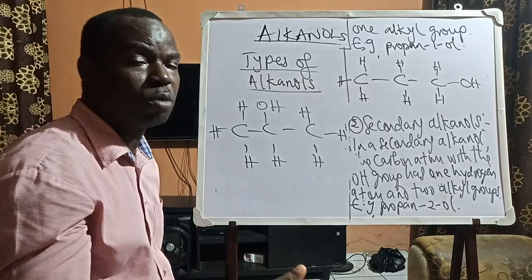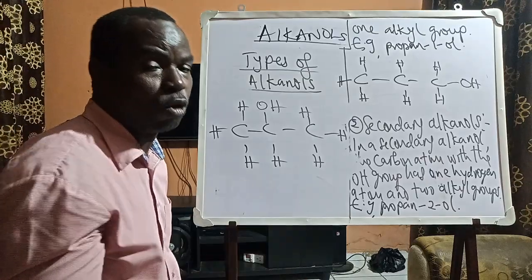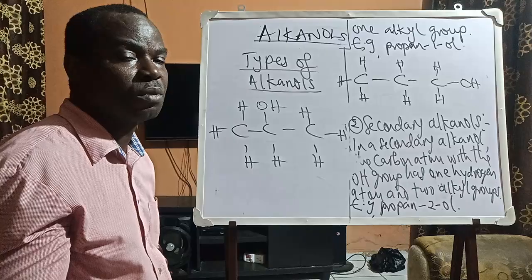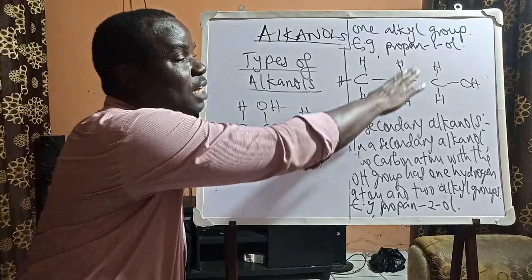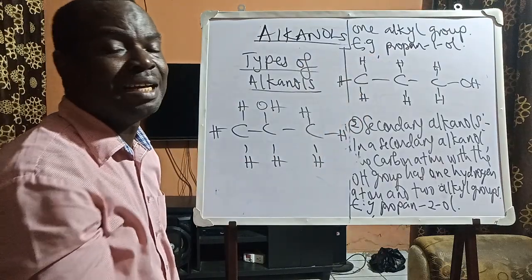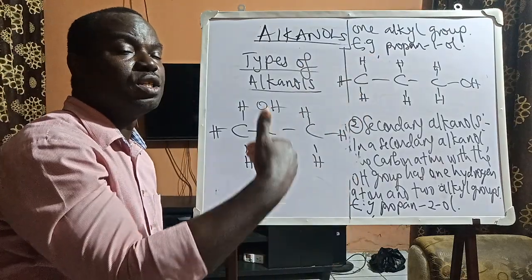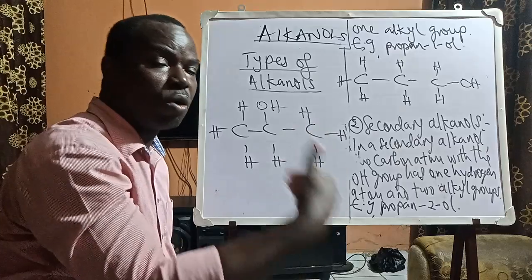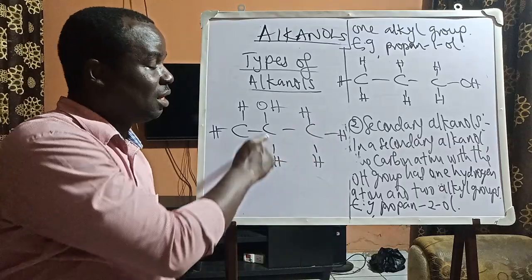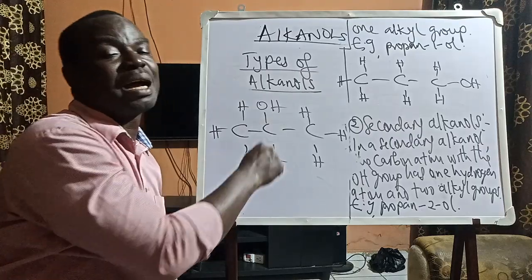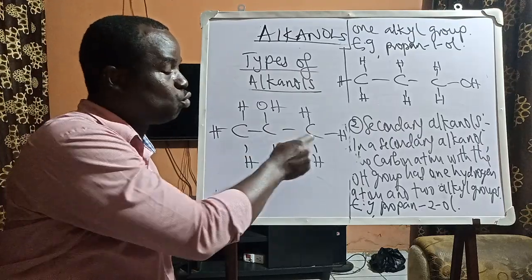So propan-2-ol, pentan-3-ol, but there's an exception. It's not always like that, but anything 1-ol is a primary alkanol. Secondary alkanol is 2-ol, 3-ol, 4-ol, as the case may be. But the carbon atom that has the OH must have one hydrogen atom and two alkyl groups.